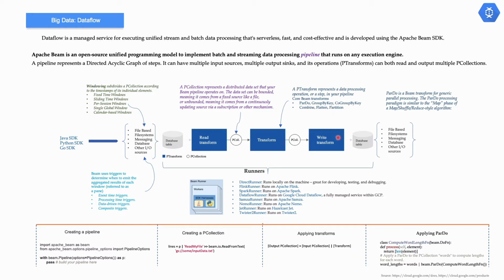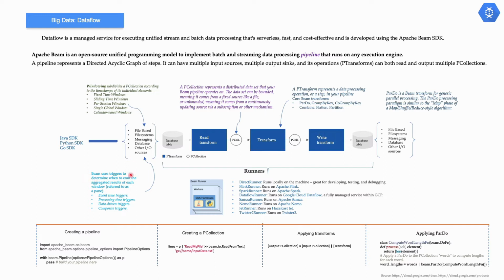The blue ones are PTransforms. A transformation or some kind of processing operation that you perform on data is called a PTransform, and the PCollection represents a distributed data set on which PTransform is applied.